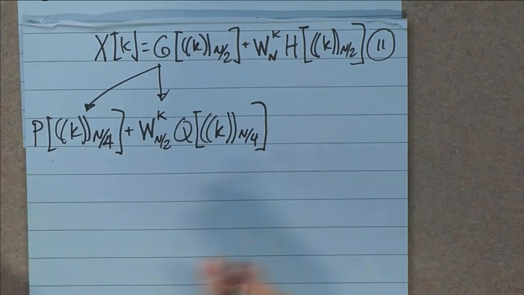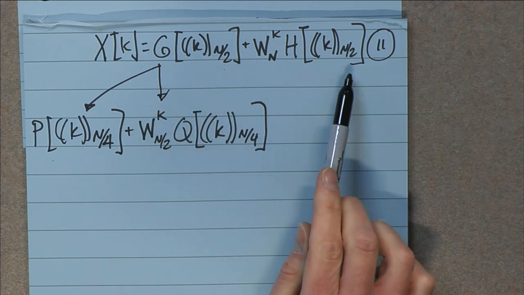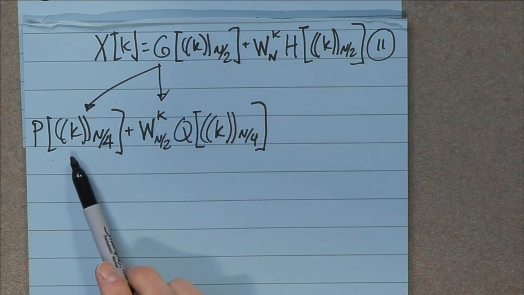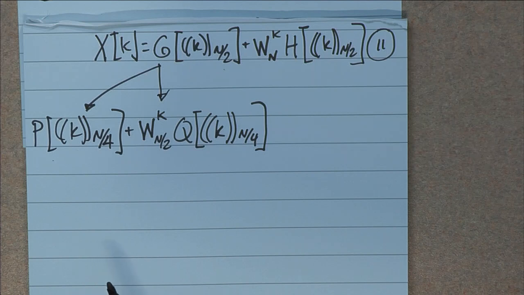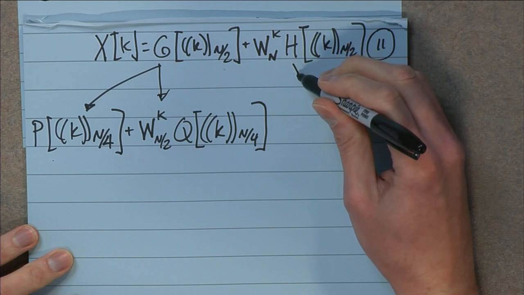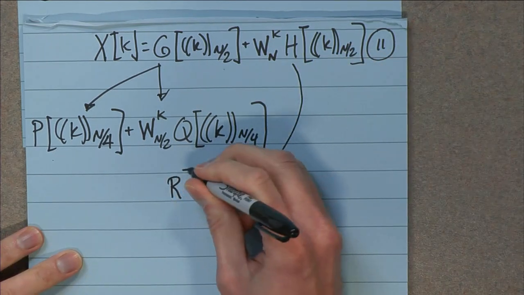We basically just took our same expression and iterated it. Said, well, if X could be divided into two n over 2 point sequences, then this n over 2 point sequence could be divided into two n over 4 point sequences. Right? We just have to keep track of what's going on. And so why not do the same with H?